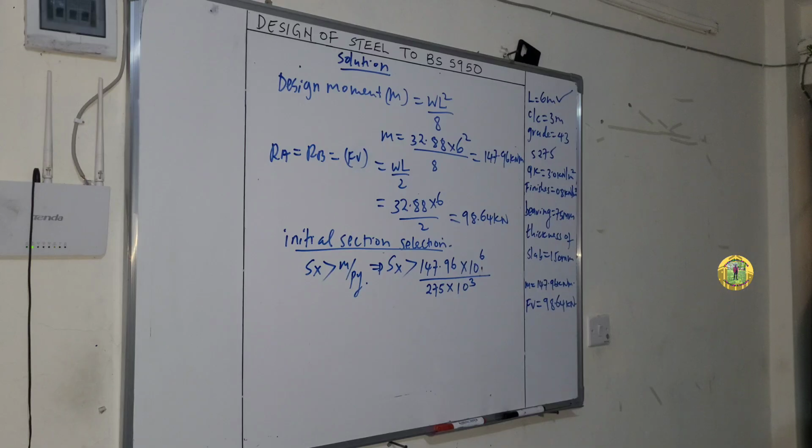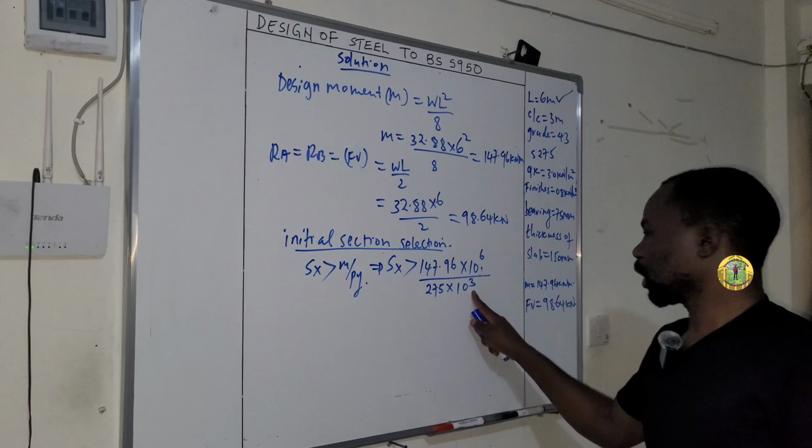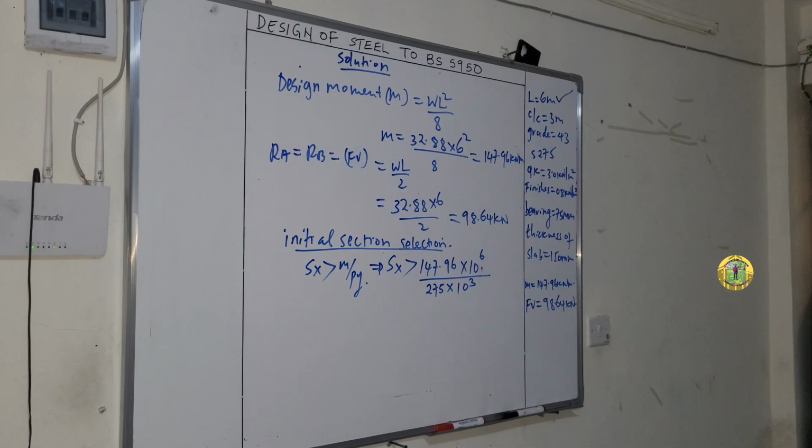So 10 millimeter is equal to 1 centimeter. What about if you cube? You will get 10 raised to power 3.